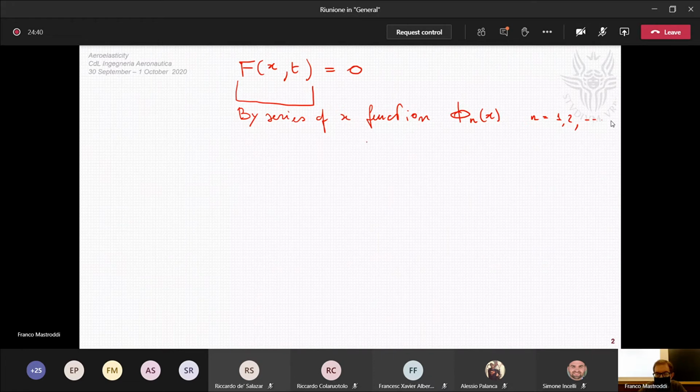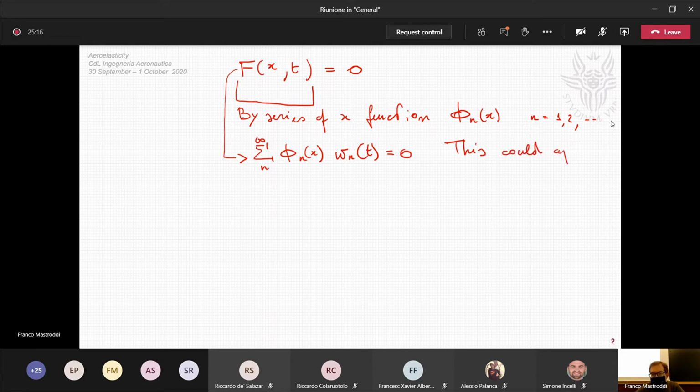Imagine, assume, and so we would like to express this quantity as a summation of quantities like this and like this function of time. Now, the point is the following. This could appear like an approximation.